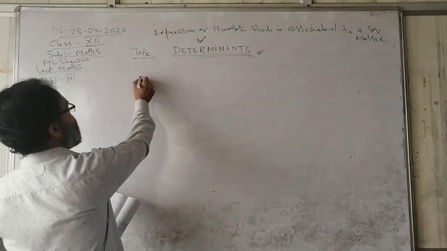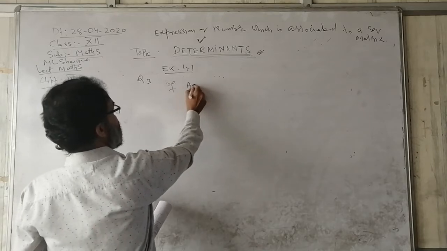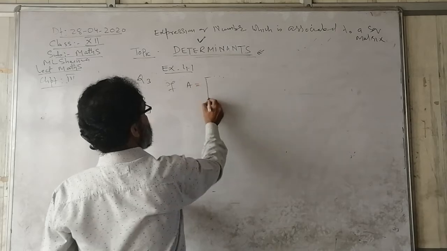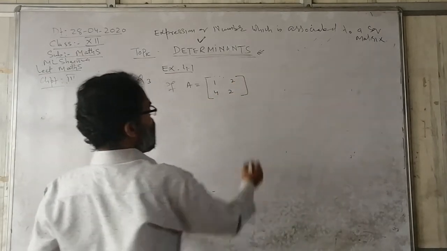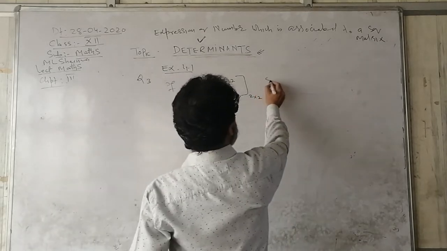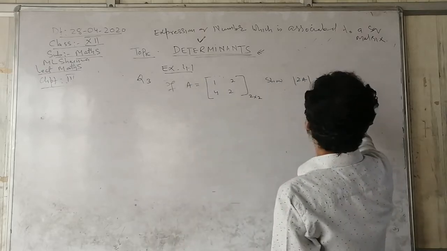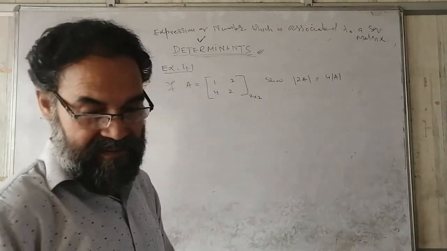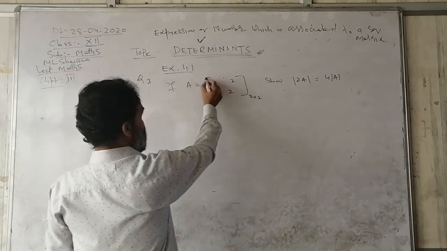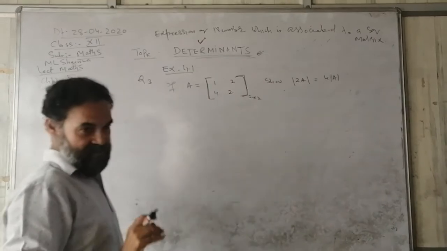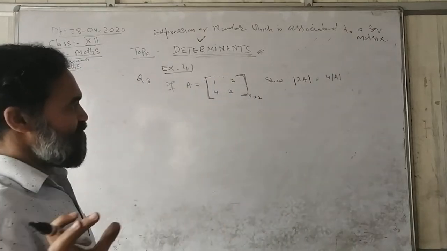Question number 3 of this exercise, which is 4.1, says: if A is a matrix with elements 1, 2, 4, 2, a 2 by 2 matrix, then we have to show that the determinant of 2A is equal to 4 times the determinant of A. One thing is to be noted here. This rectangular symbol is used to represent a matrix, whereas these two vertical lines are used to represent a determinant.